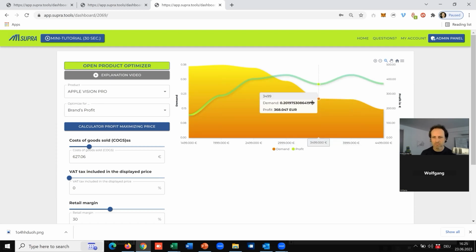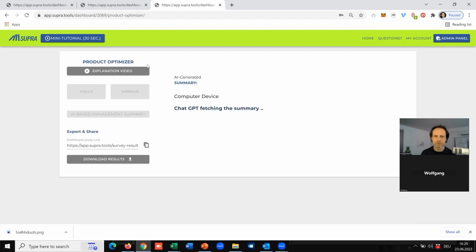Today it's at 3,500, which seems to be not optimal based on our judgment, right? So you would sell much more at 3,000. And furthermore, we can have a look at what we can do to improve product adoption.